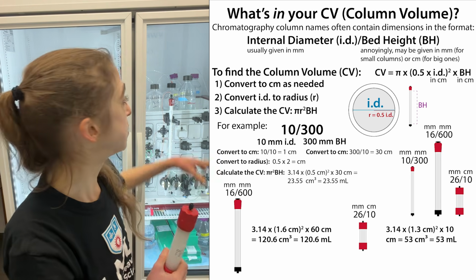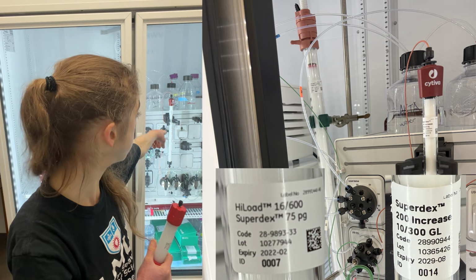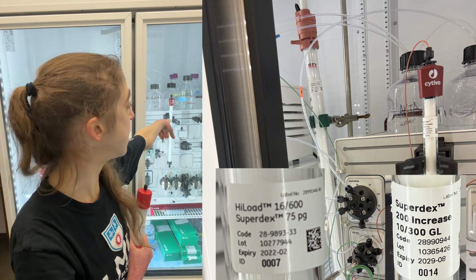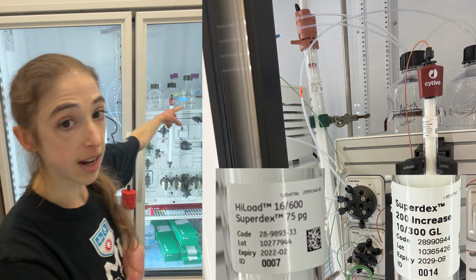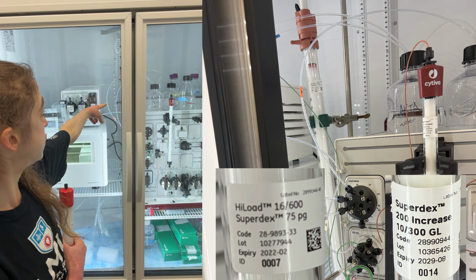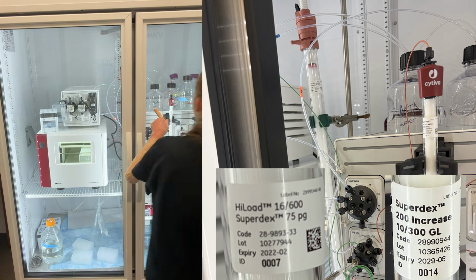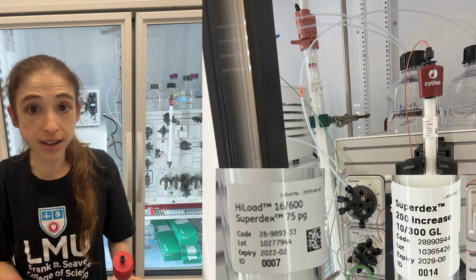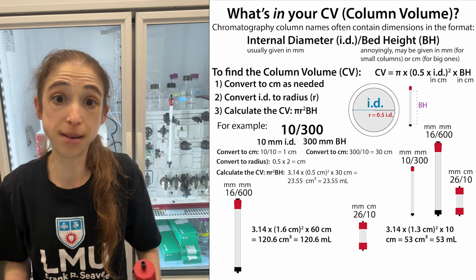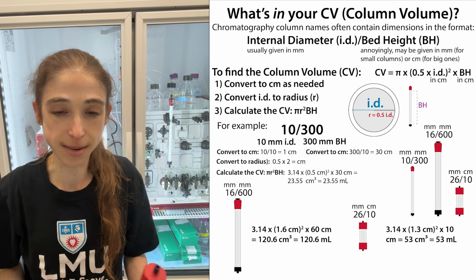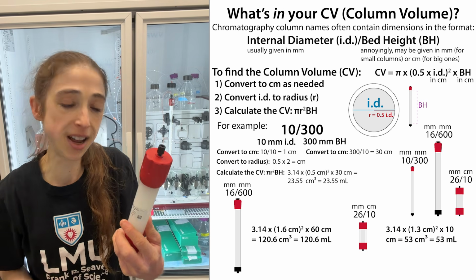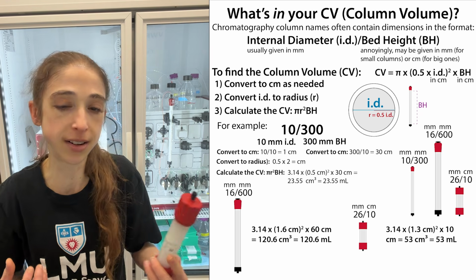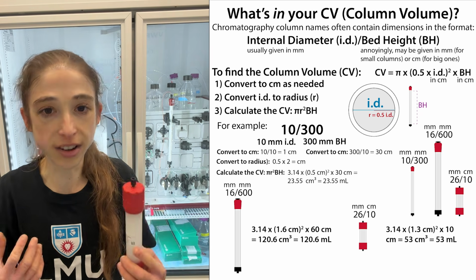So even though this Superdex column, my favorite, is a 10/300, the 300 is going to be in millimeters. And even this big old dude, which is a HiLoad 16/600, the 600 is in millimeters, so it's 60 centimeters. If you're looking at it, you can tell whether it's centimeters or millimeters, but if it's just online or whatever, then you're in a little more of a pickle.